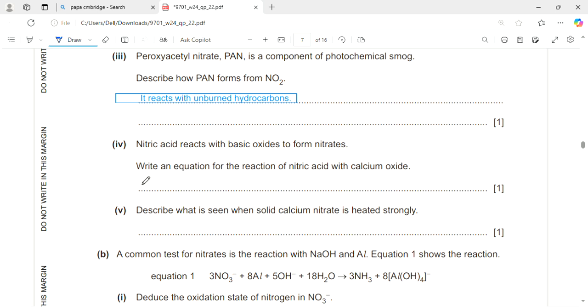Nitric acid, which is HNO3, plus calcium oxide, CaO.